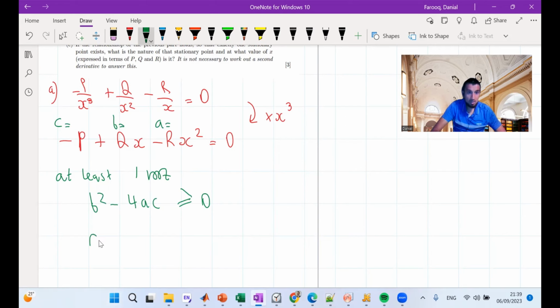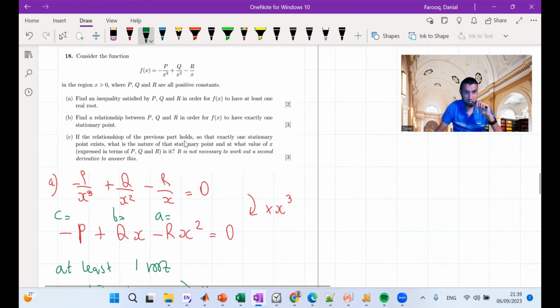So this would mean q squared minus 4 times minus r times minus p. So minus r times minus p will be positive rp. So you can just write that in one go. And that's it. So q squared minus 4rp is greater than or equal to 0.